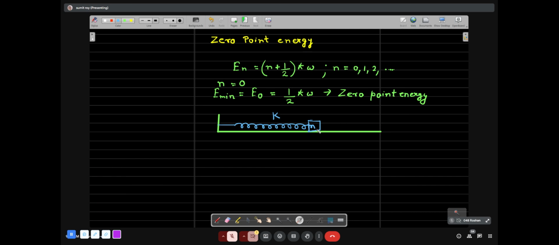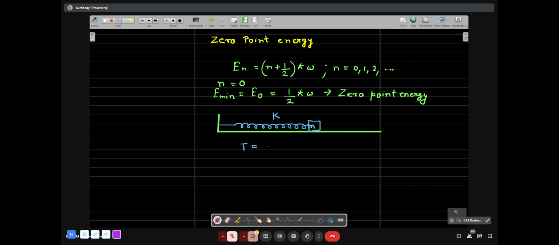Suppose that this system is in equilibrium at its mean position, undisturbed. What will be the kinetic energy of the system?